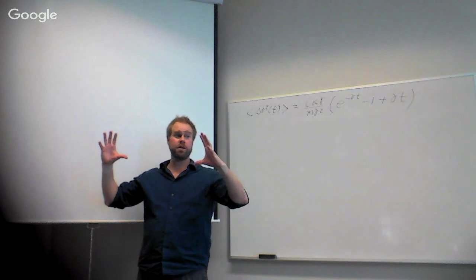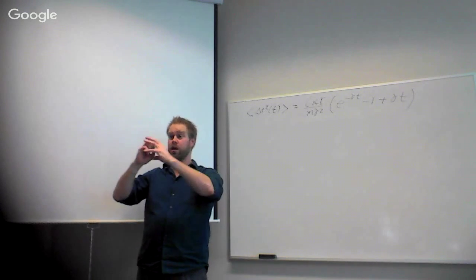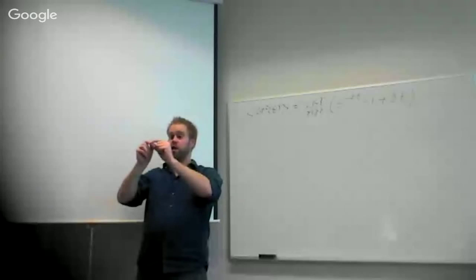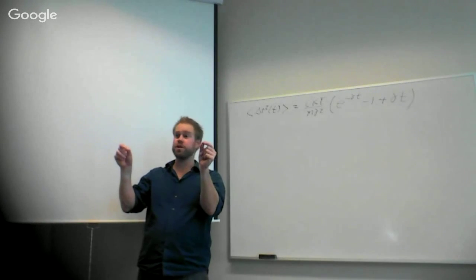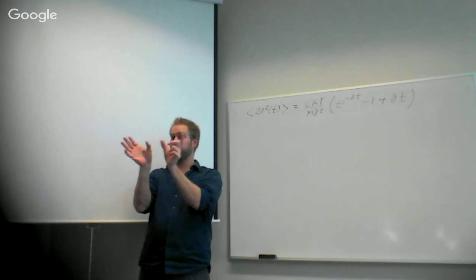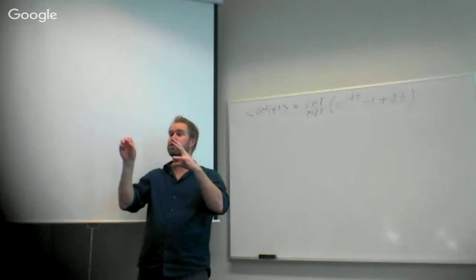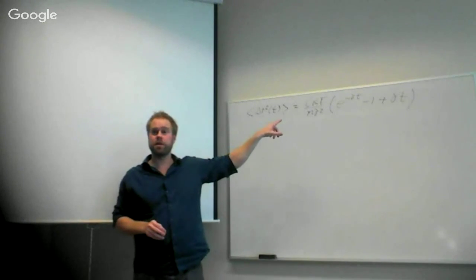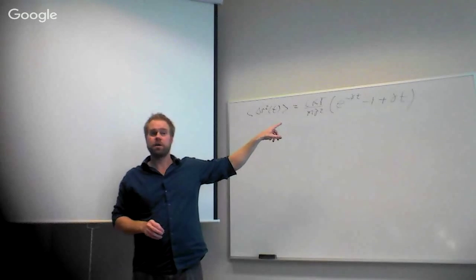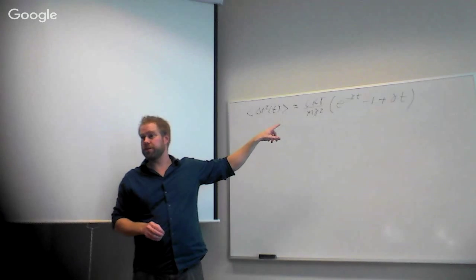If you just look at the average r, anyone going in this direction is canceled by someone in this direction. But if you look at the square, then you see this increase of the mean distance from the origin squared. And that is the mean squared displacement.